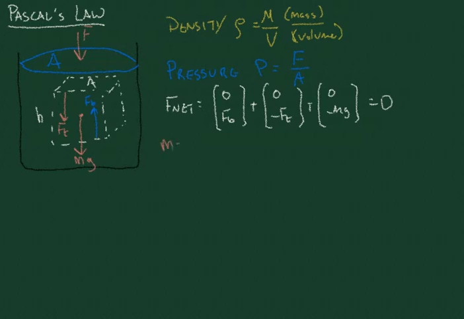So this tells us that gravity is equal to the force from the bottom minus the force from the top. In other words, the force from the bottom is equal in magnitude to the force of gravity plus the force from the top.